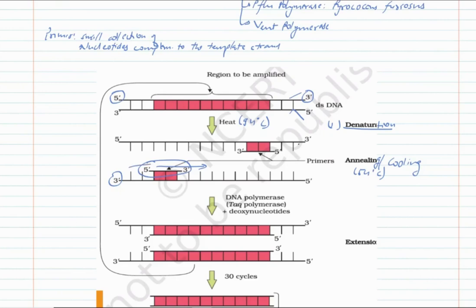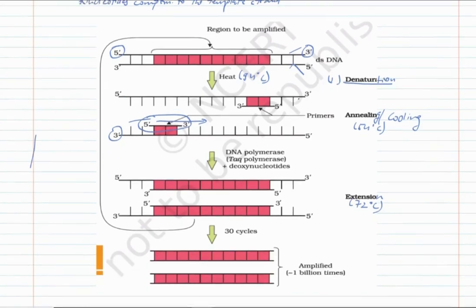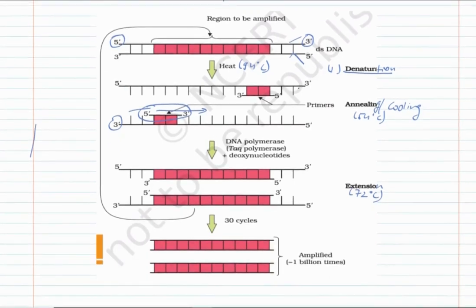And the next step is extension. The extension is performed at 72 degrees Celsius. During extension, we add the DNA polymerase and deoxynucleotides. The Taq polymerase which is present will extend the primer in the direction 5 prime to 3 prime on this strand and 5 prime to 3 prime on this strand.